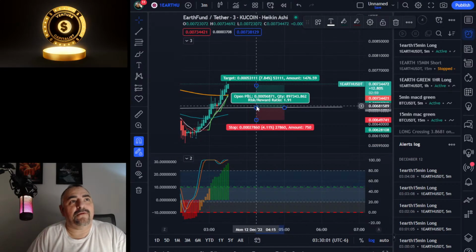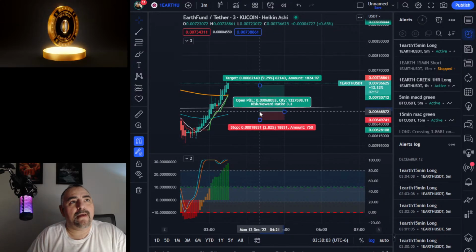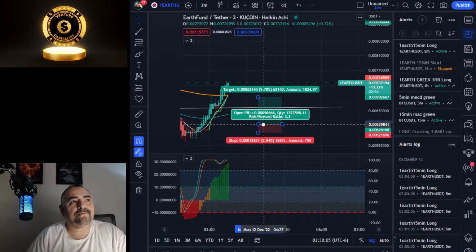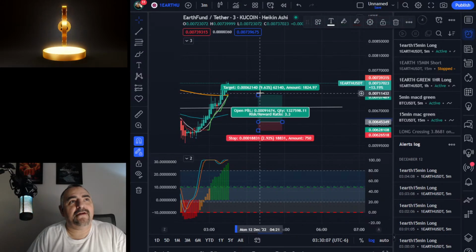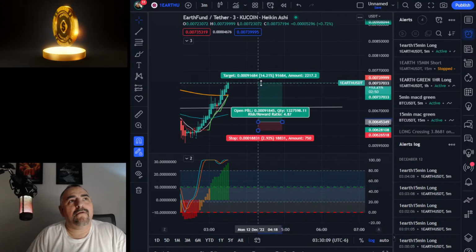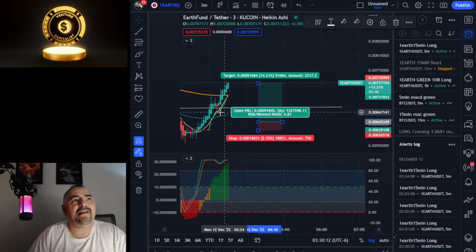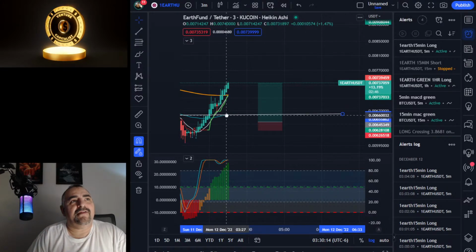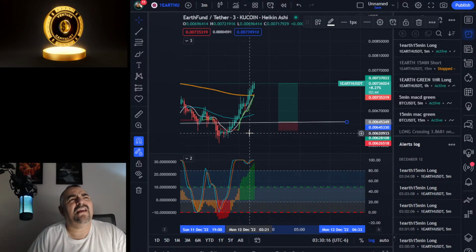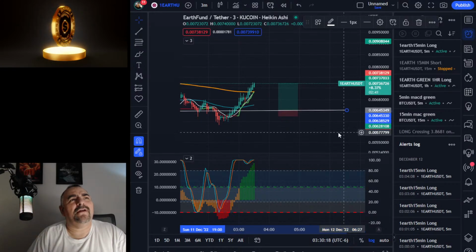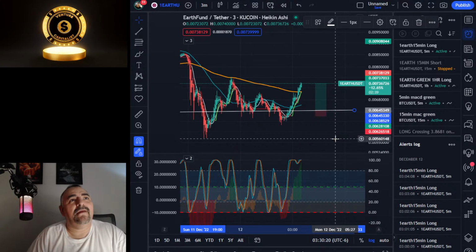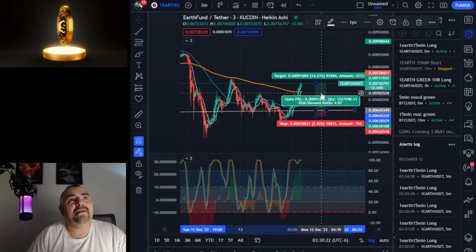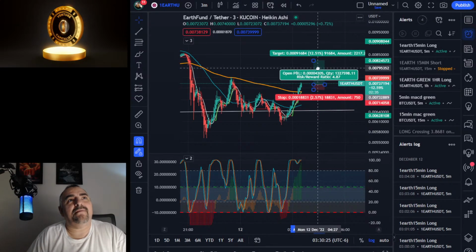So my entry price would have been off this candle here. I would already be up 14% on my entry, but messing with KuCoin, it didn't take my order. So I'm way behind and I'm way up here, but we'll make that money back, guys.